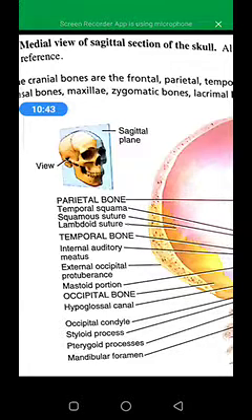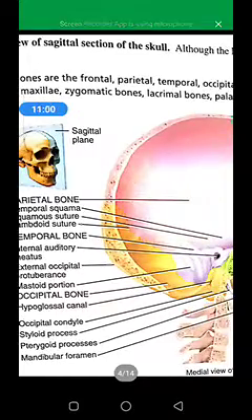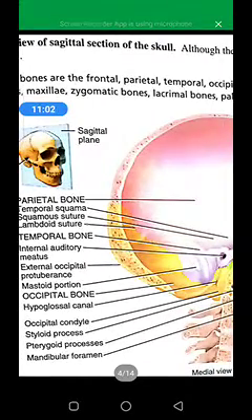And there is the temporal bone, which contains the internal auditory meatus.